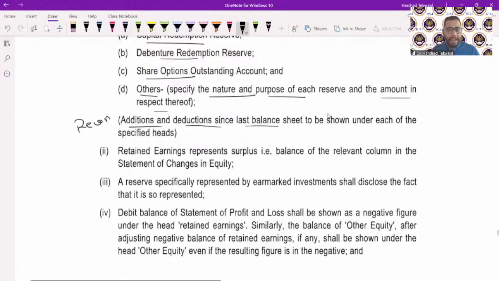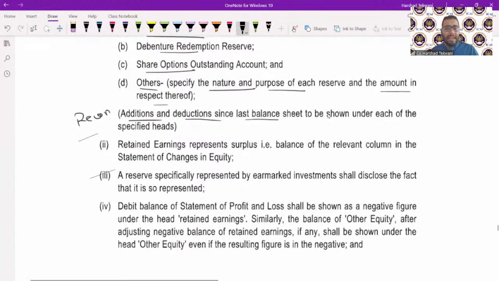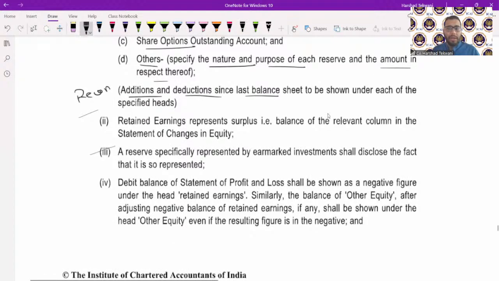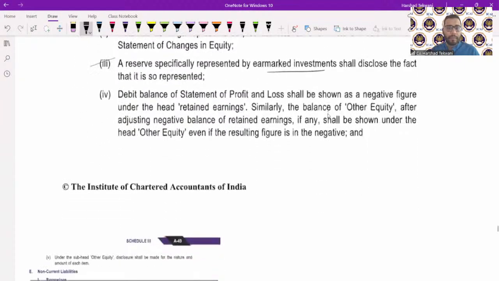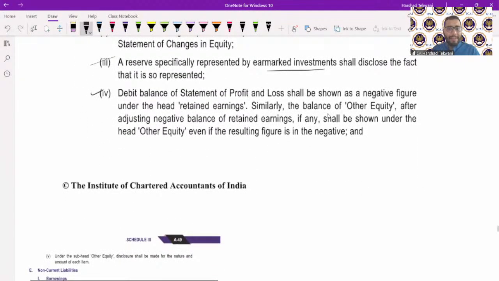Again, retained earnings. A reserve specifically earmarked for investment should be disclosed separately. A debit balance of the statement of profit and loss account is required to be disclosed as a negative figure under the head of retained earnings.